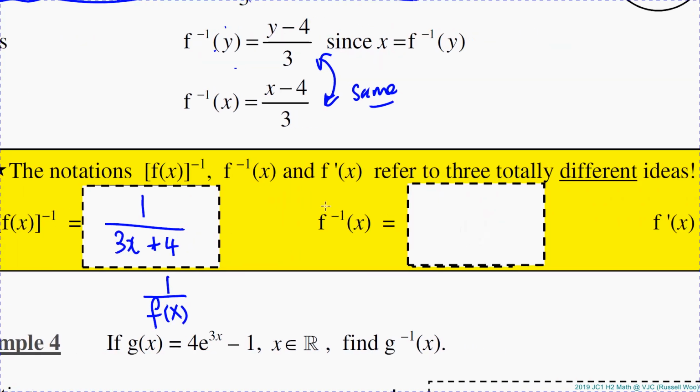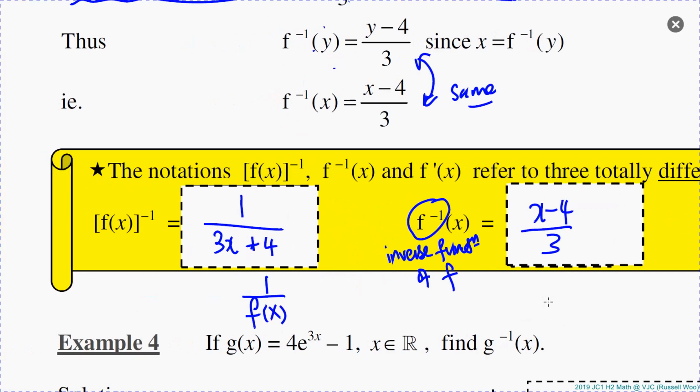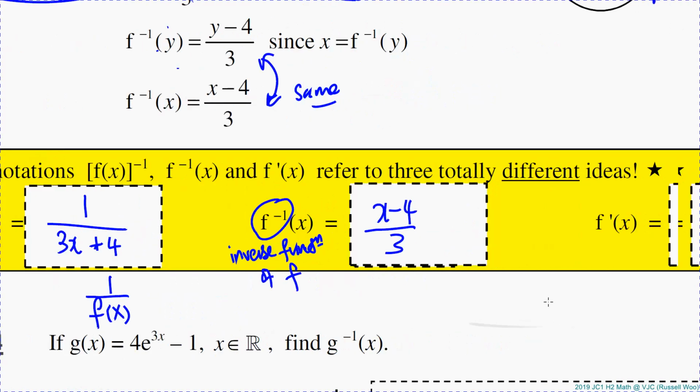However, f inverse of x is a notation. This is the inverse function of f. This is simply x minus 4 over 3, which we did just now. So you realize that these two do not mean the same thing.